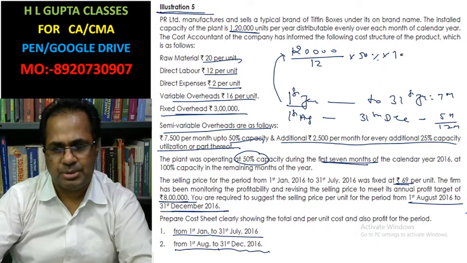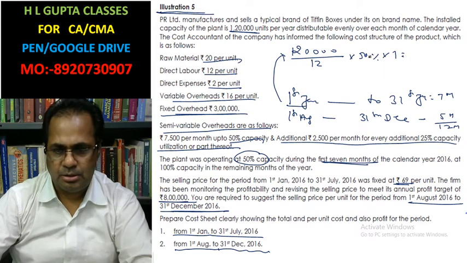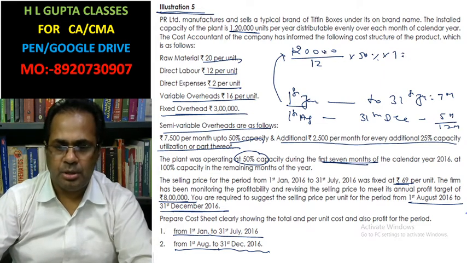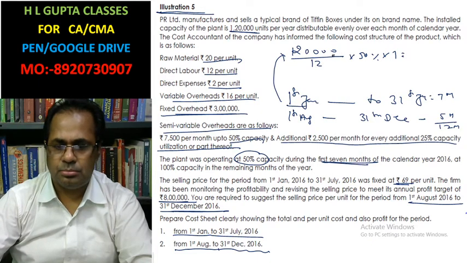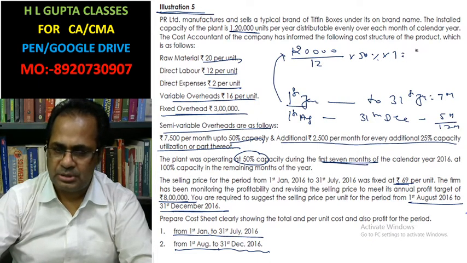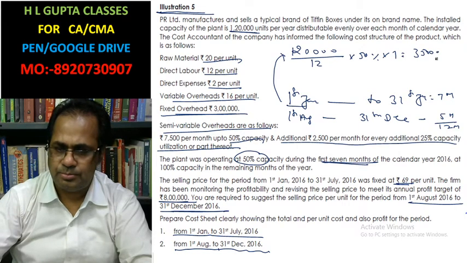That is 5,000 units per month, so for 7 months it is 35,000 units.